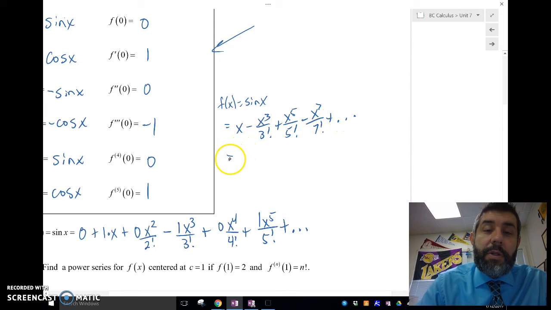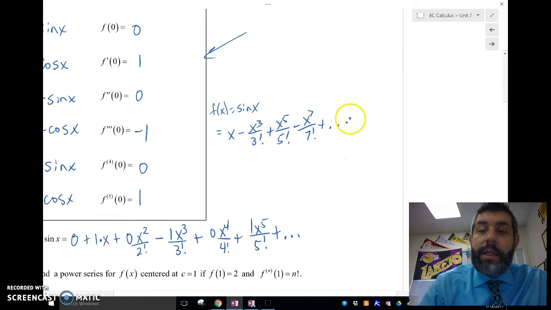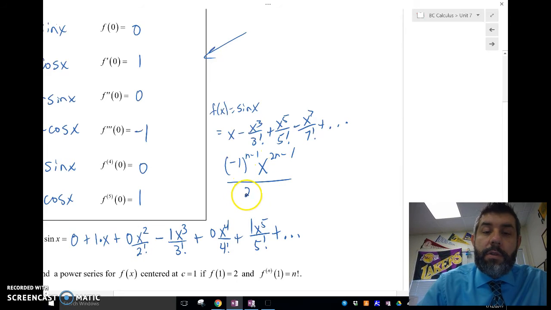Let's go ahead and write this in sigma notation. I need at least the nth term, so we're going to go negative 1 to the n minus 1, x to the 2n minus 1, all over 2n minus 1 factorial plus dot dot dot.